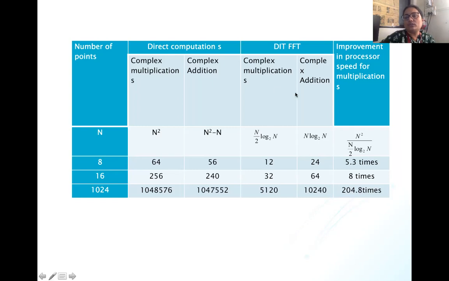So if I'm using the DIT FFT algorithm, the complex multiplications are n by 2 log to the base 2 of n. These are the complex multiplications that one has to perform when using the DIT FFT algorithm. In case of 8-point DFT, it is only 12.